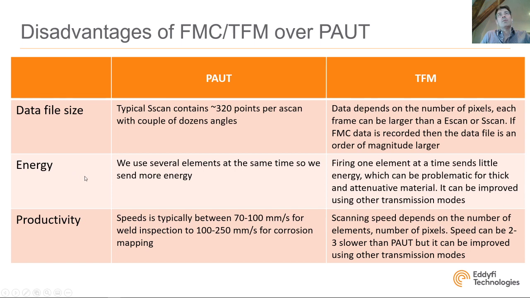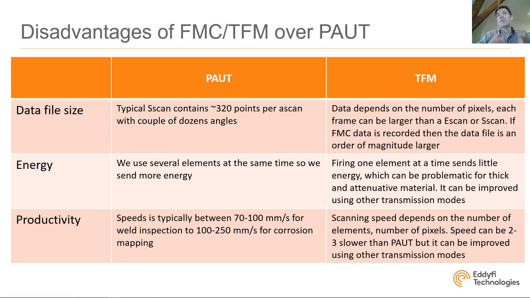Energy. So when we do PAUT, we have an aperture, we calculate our delay law, and we fire the energy into the part. We have a nice signal. For TFM, we only fire one element at a time. So one element is not sending a lot of energy. So if you are looking at very thick and attenuative material, that can be problematic sometimes.